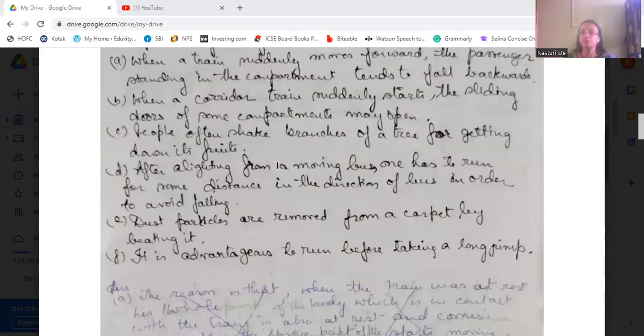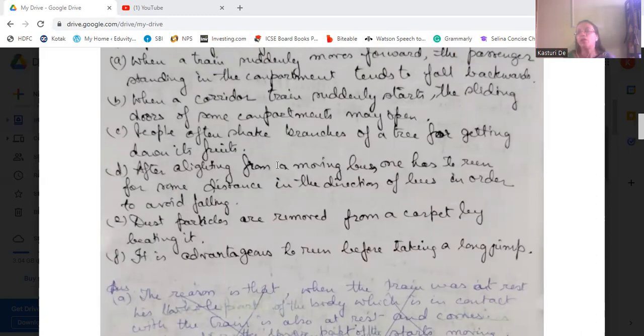Now, when a corridor train suddenly starts, the sliding doors of the same compartment will open. When a corridor train starts, what happens? The frame of the sliding doors comes in motion.